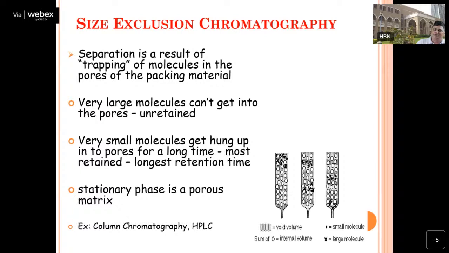The stationary phase is basically a porous material. There are different kinds of methyl methacrylates. I don't remember exactly the pore size in that phase, but it is a few microns.